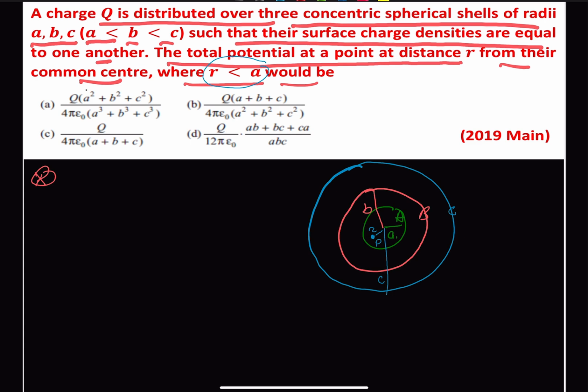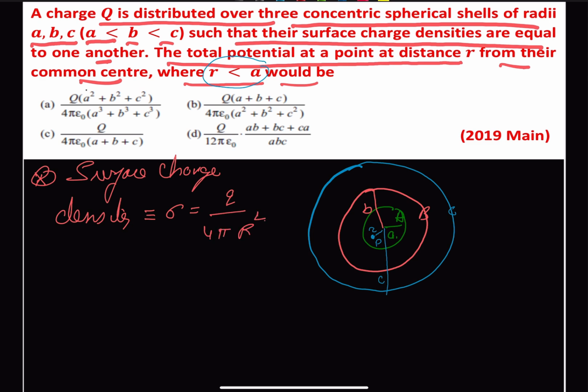We have to find the potential at point P, and we are given that their surface charge densities are equal. We know the general formula for surface charge density: sigma is equal to charge upon 4 pi r square. From here we can find the charge, because charge is what we require.